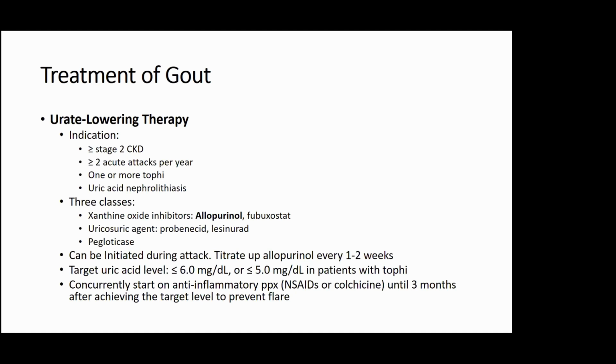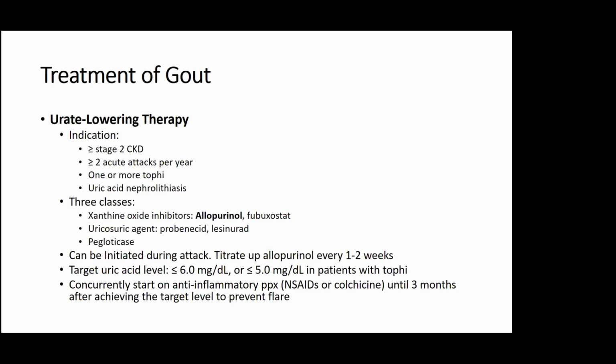There are 3 classes of urate lowering therapy available in America: the xanthine oxidase inhibitor, uricosuric, and also pegloticase. The most commonly used one is allopurinol.